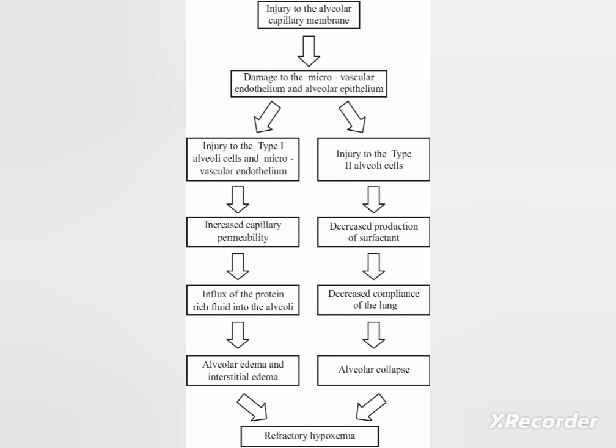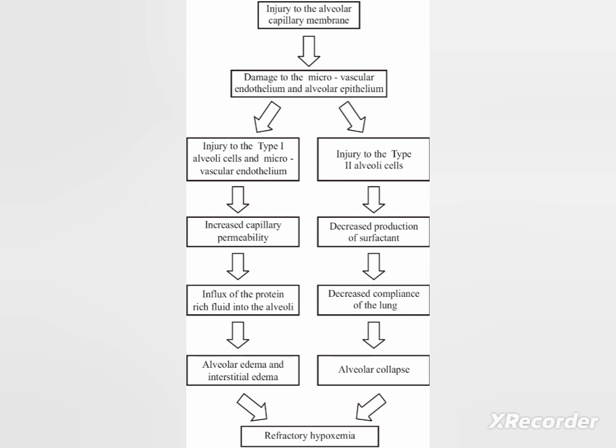When the capillary permeability is increased, there will be influx of protein-rich fluid into the alveoli. That leads to alveolar edema and interstitial edema, and that leads to refractory hypoxemia.